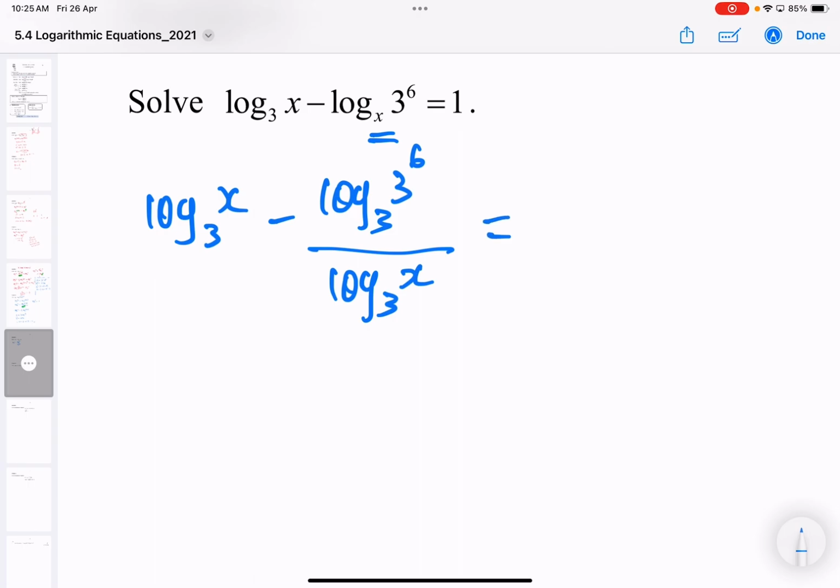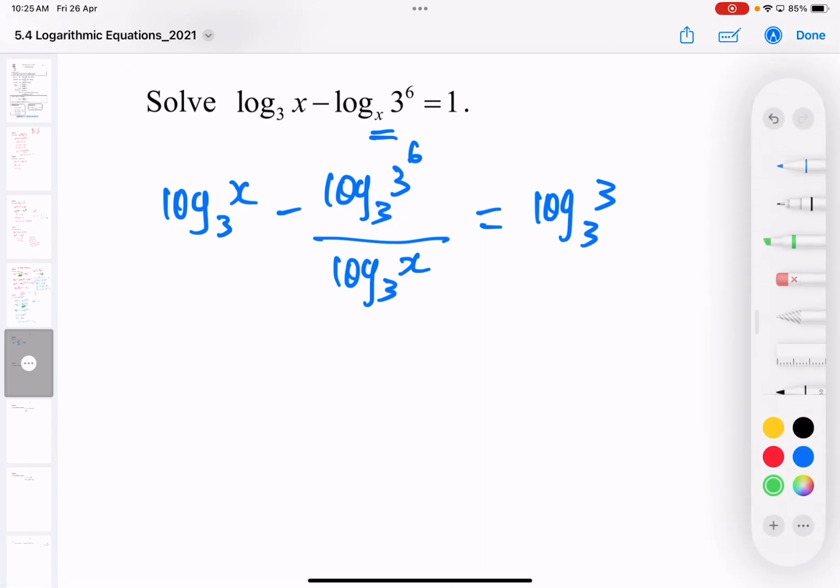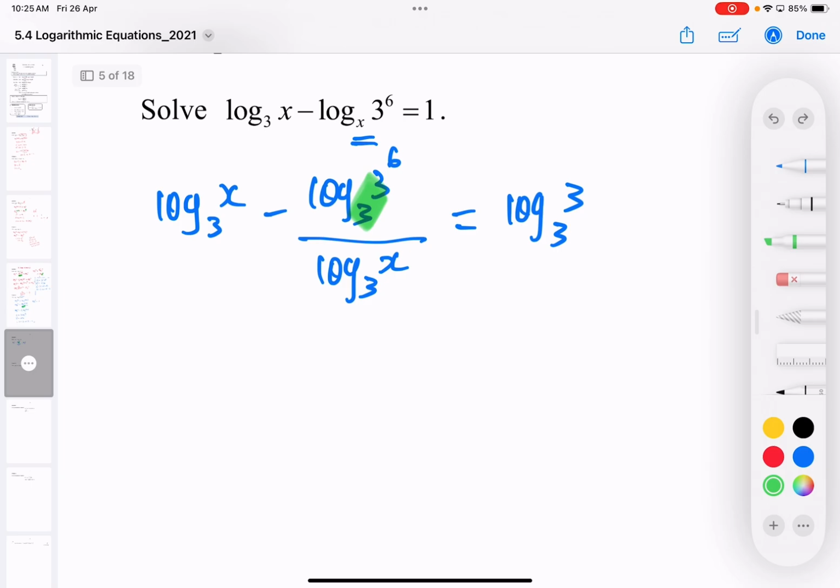And 1, how do I change 1 to log base 3? Log base 3 of 3. Don't panic, ladies and gentlemen. Now we see that this is log base 3 of 3, so what does this whole thing reduce to? 6. Anyone confused? We can easily bring the 6 down as the coefficient, so immediately this one will be 6.